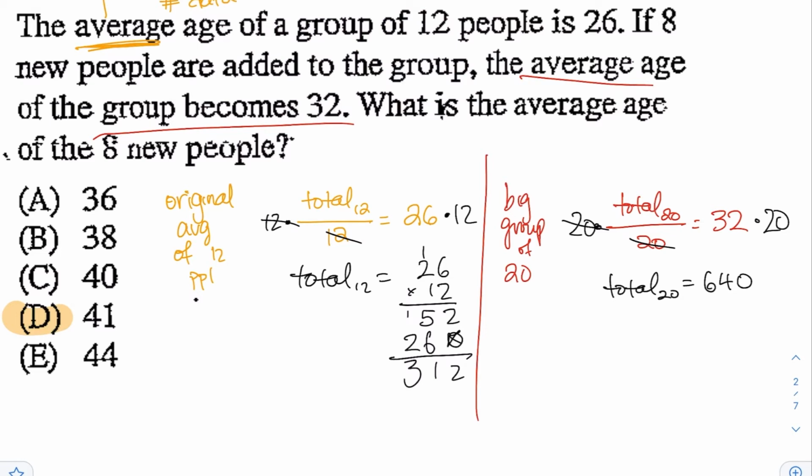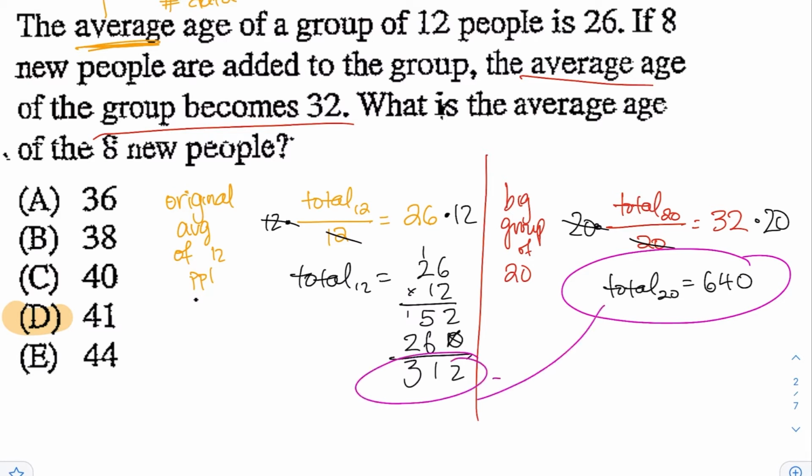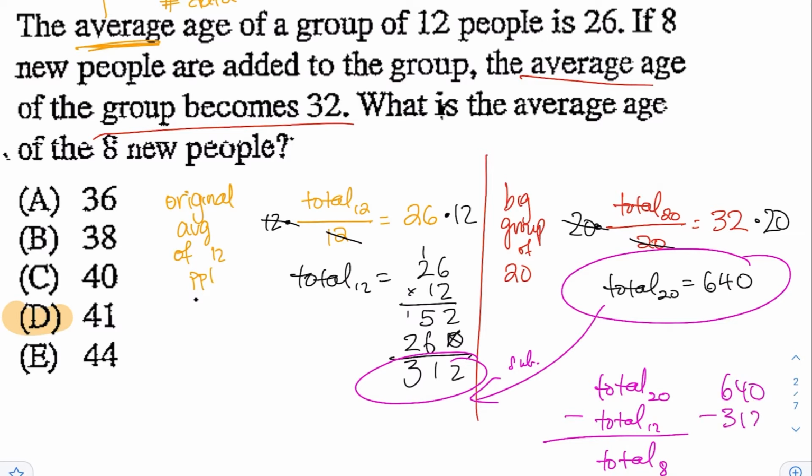Now, since you have the total of the 20 people, if you take these two totals and subtract them, the total of these 20 people subtracted by the total of the 12 people is going to give you the total of the 8 new people. So that's going to be 640 minus 312, and that will give you a total of 328.